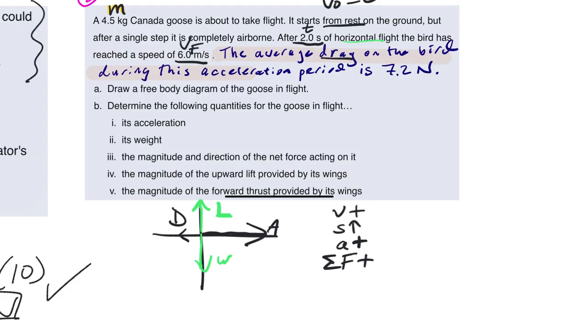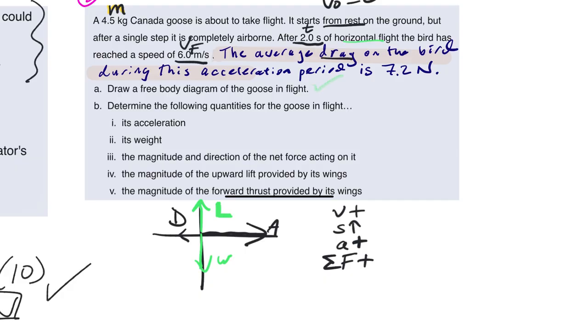I don't care what you call it, but lift is what you get on a wing that's aerodynamically shaped in such a way that the air underneath it presses up on it. It's not really buoyancy. But anyway, we'll talk about that later. Okay, so there's my free body diagram. The lift equals the weight. But the applied force is greater than the drag.